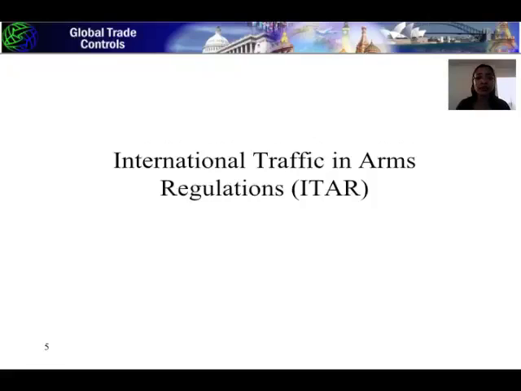The USML is a classification system for ITAR by which you may classify your article or technical data. In the below slides, which you can review, it has categories 1 to 21, and it goes from firearms to aircraft and associated equipment, spacecraft systems and associated equipment, just to name a few.